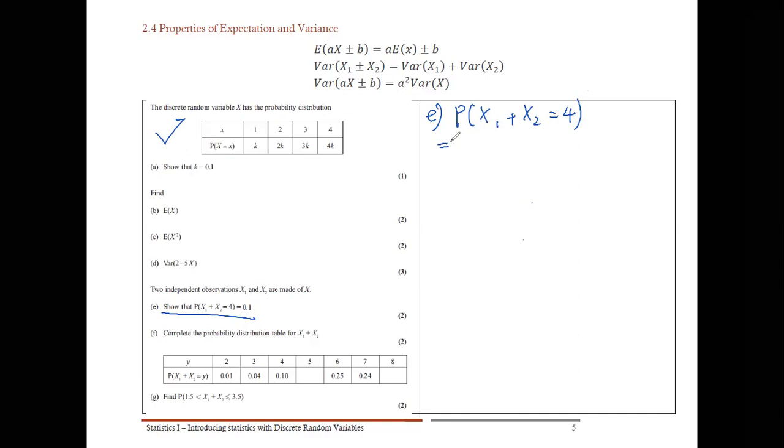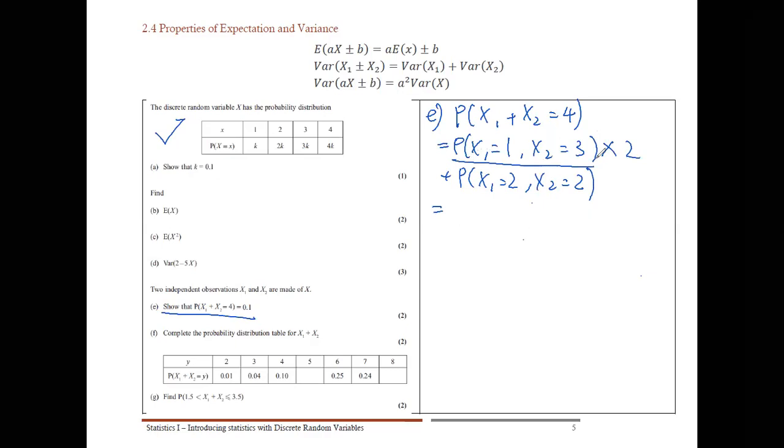So we need to go and look at the possible combinations. The possible combination we can have here is when x1 is 1 and x2 is 3. 1 plus 3 equals 4. You can flip them around, so multiply by 2, plus P(x1 = 2 and x2 = 2). In this case, you don't need to flip them around because they're identical. So what is P(x = 1) times P(x = 3)?